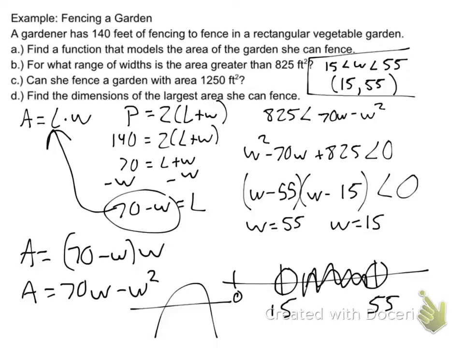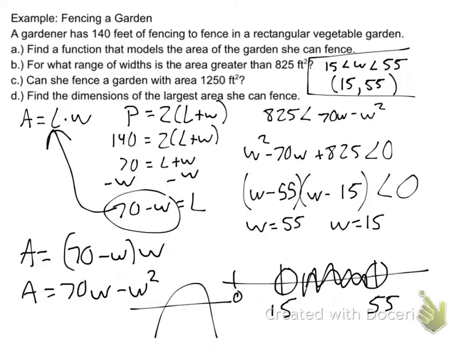The last one, guys, is find the dimensions of the largest area that she can fence. Essentially, take this equation and maximize it. Notice that this one is not asking what is the maximum area, because if I knew that, then I wouldn't have to think twice about part C. It would have told us the maximum is less than that.